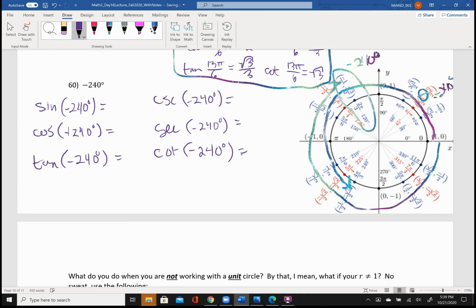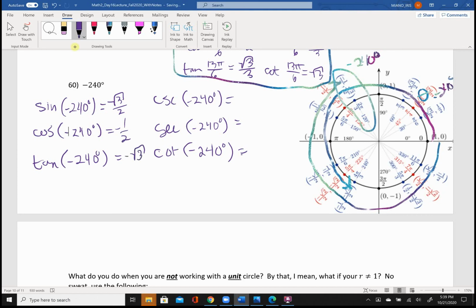So the sine and the cosine are, as long as you find the equivalent position, on the unit circle itself, right? So that'll be root 3 over 2 for the sine, negative 1/2 for the cosine, negative root 3 for the tangent, which is the sine over cosine.